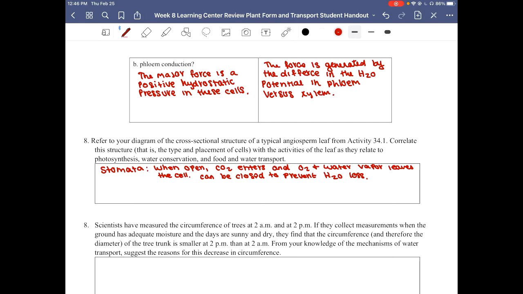Okay, and then in that activity, there were also the xylem vessels and the phloem. So these are in close contact.